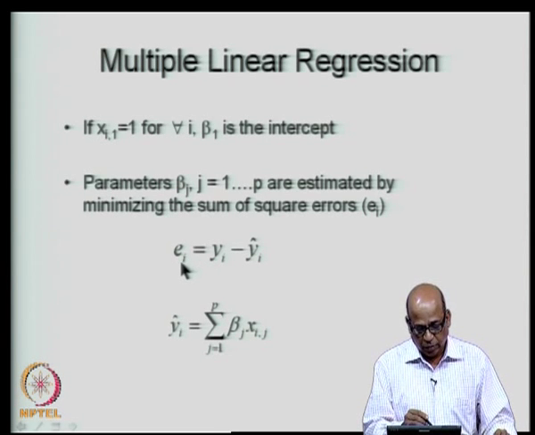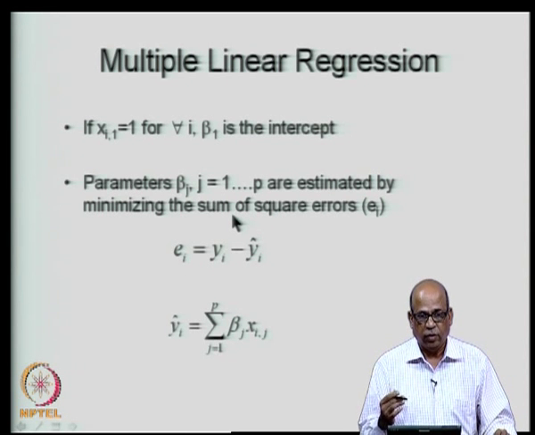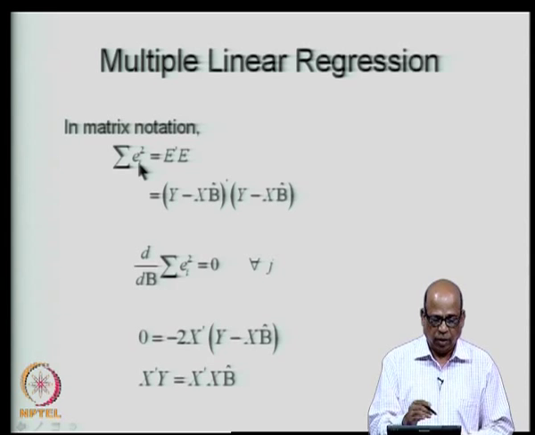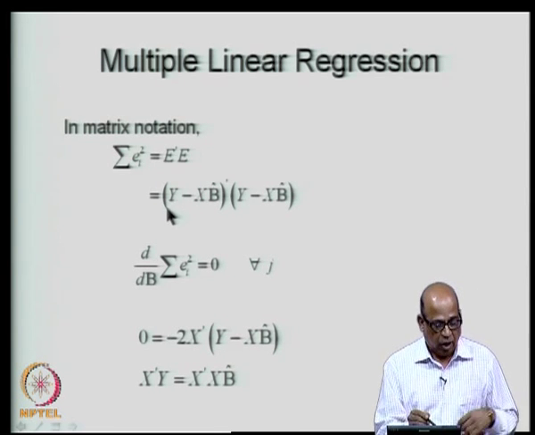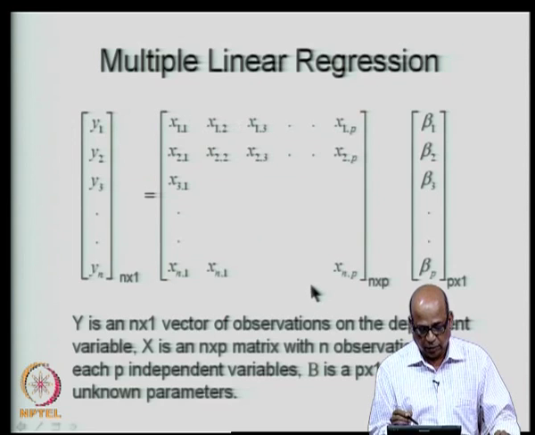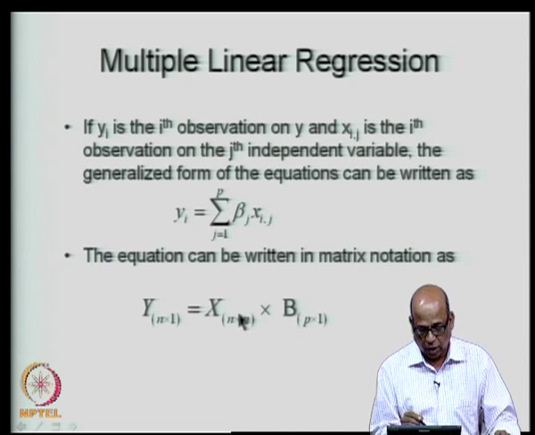Now, this is the error, and then we consider the sum of square errors. So, when we write it in matrix notation, let us say I have y as the observed values and my predicted value is x beta. So, x into b is the predicted value.